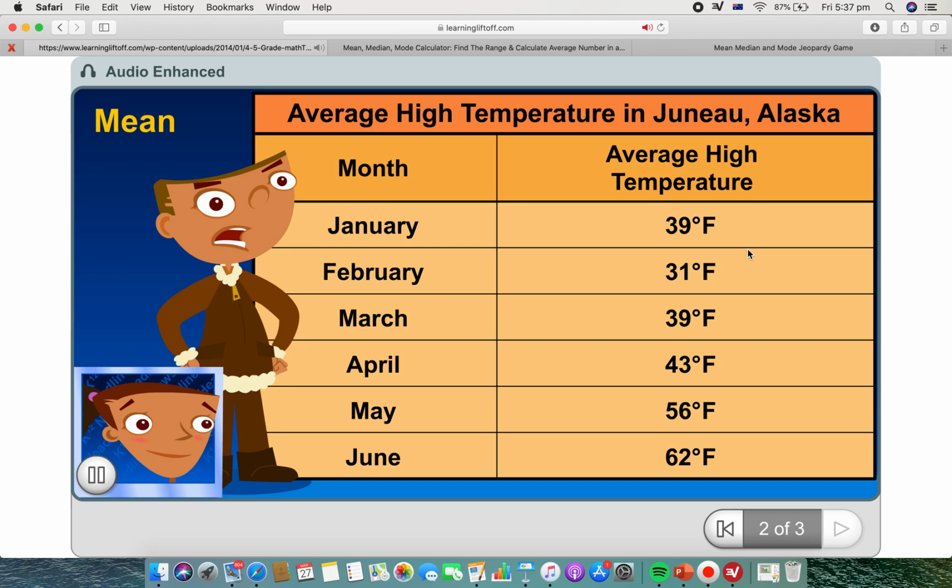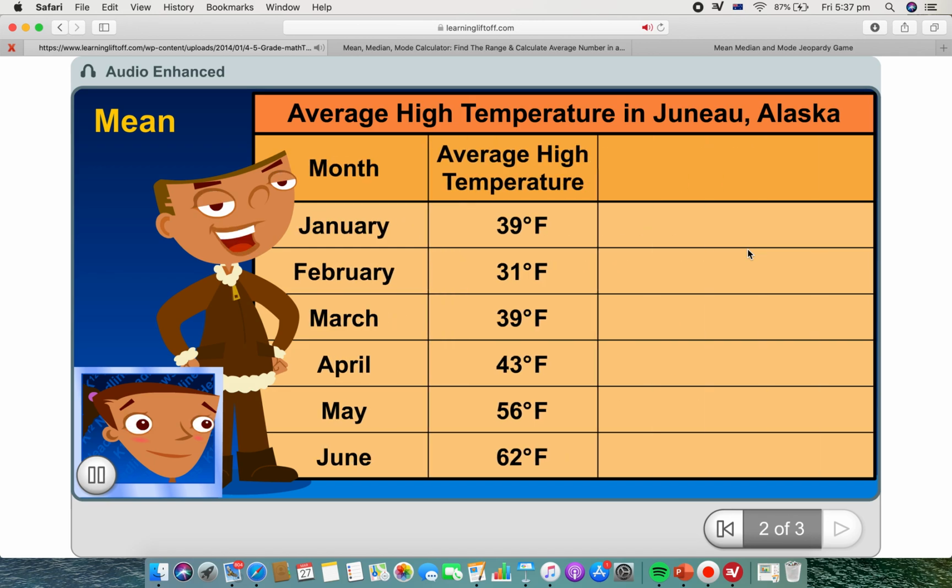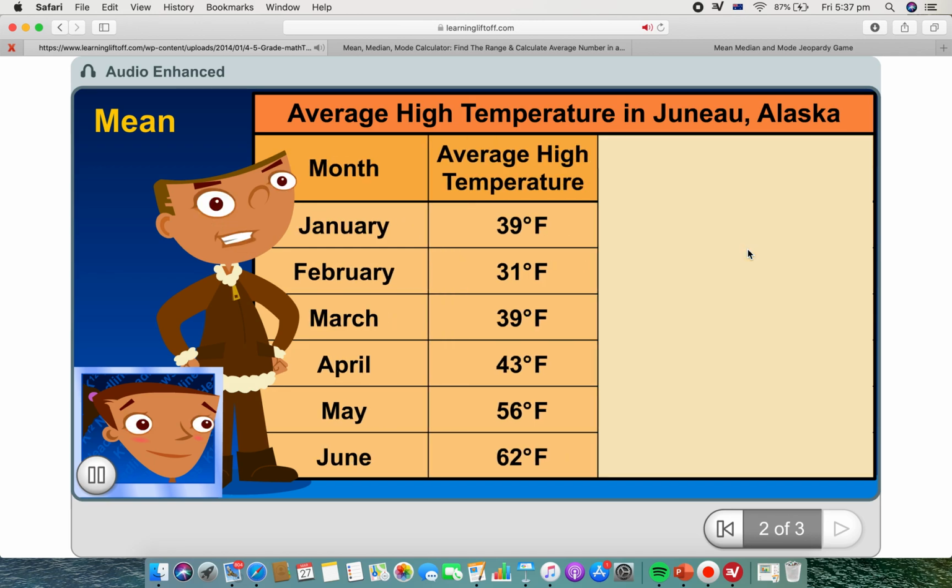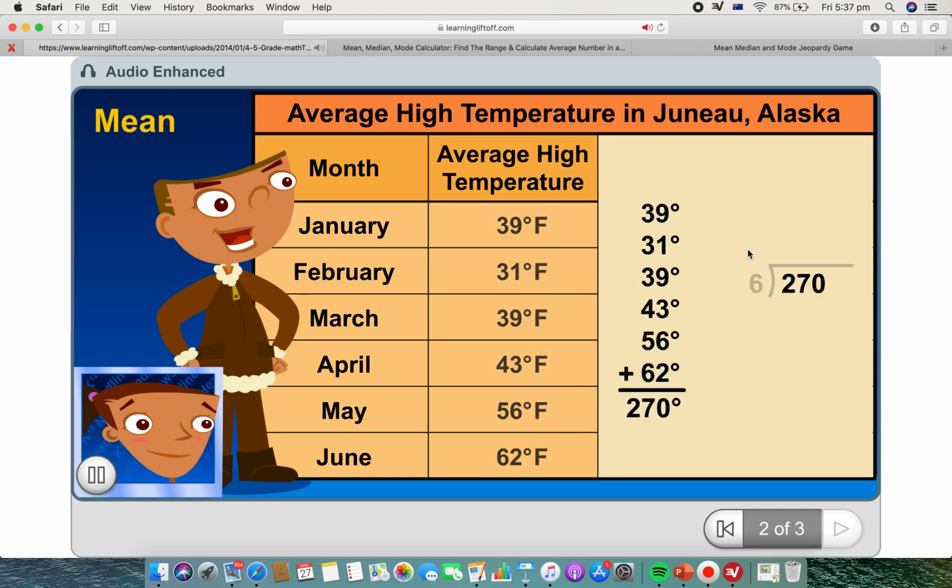Let's calculate the mean for the average high temperatures in Juneau, Alaska. First, let's add the values. Now we just need to divide by 6. 6? Yes, 6, because there are 6 values in our data set. For this data set of average high temperatures in Juneau, the mean is 45 degrees. And that's how you find the mean.